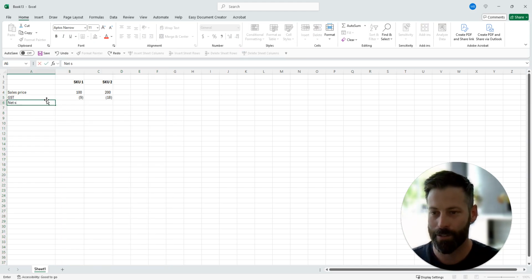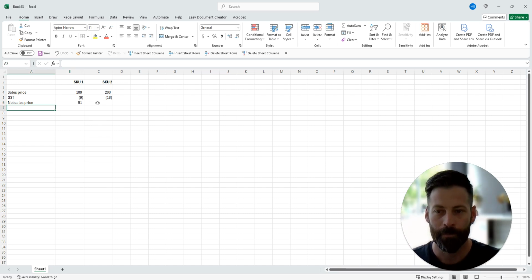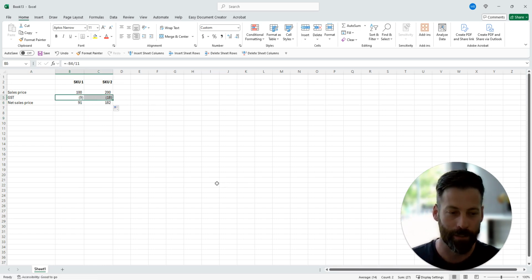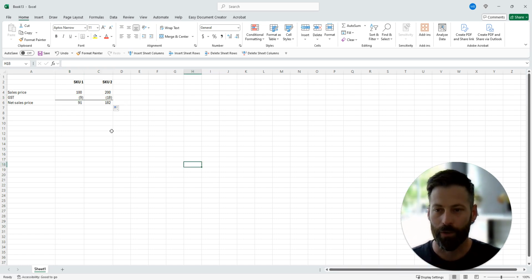So we've got the net sales price. Well, sorry, we're not going to get that. We're going to get the 100. We're going to have to pay the GST to the ATO, so this bit's never our money, so we've got to stop thinking about it as our money and carve it off to pay the ATO in the BAS each quarter. So we've got the net sales price for each of these 2 SKUs.